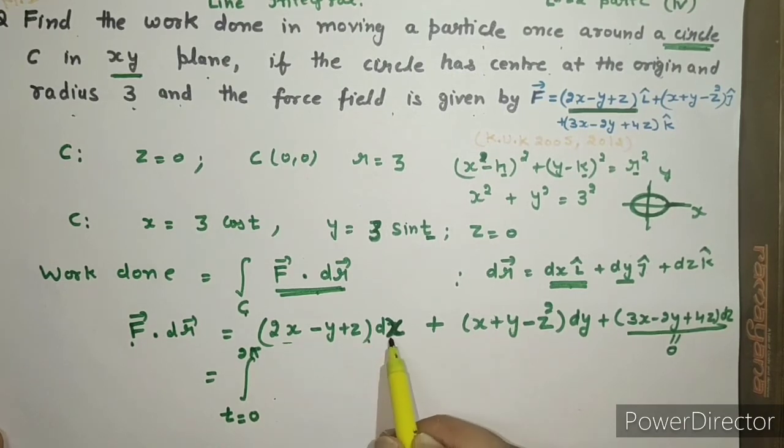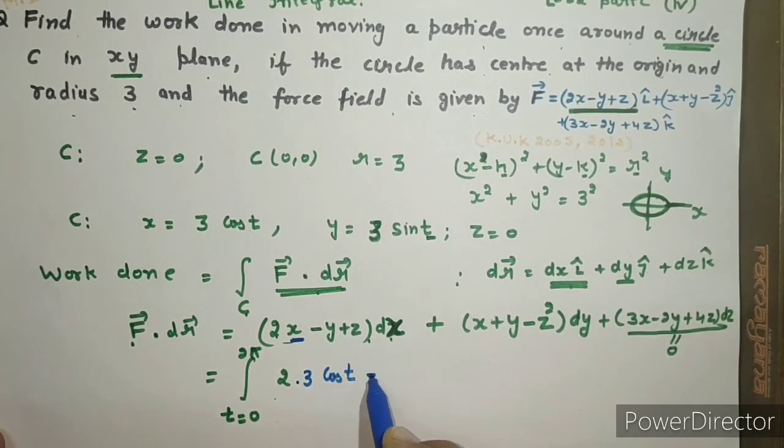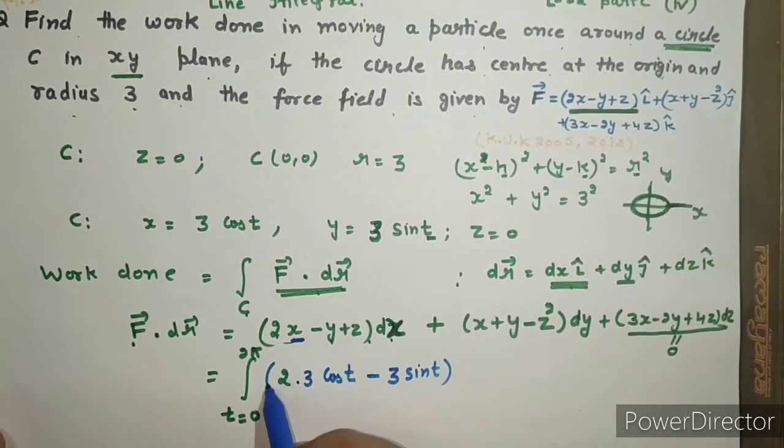First you will write this term then put t here, so what is 2, 2 is 2 here, and in place of x, what is x बच्चों, this is 3, so 3 into cos of t minus what is y, this is 3 sin of t, what is z, that is 0.